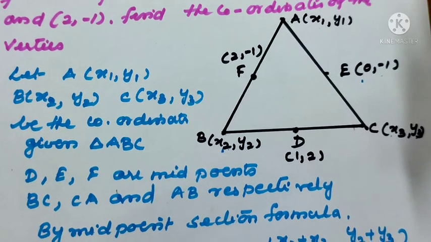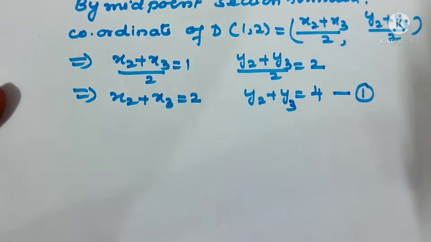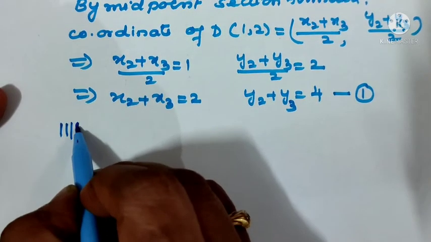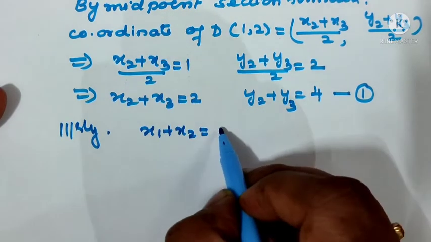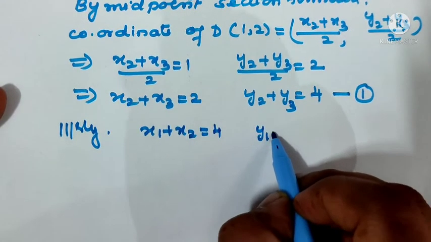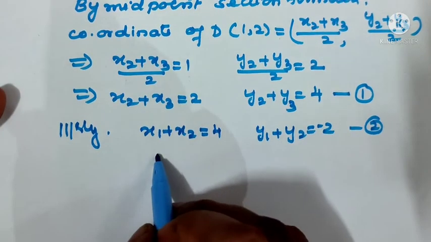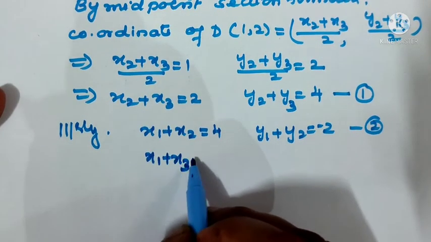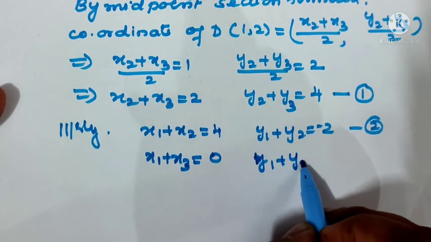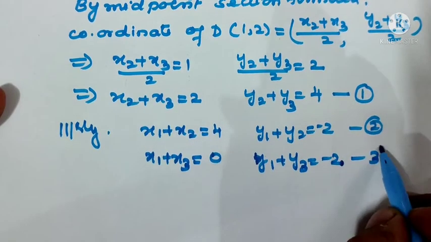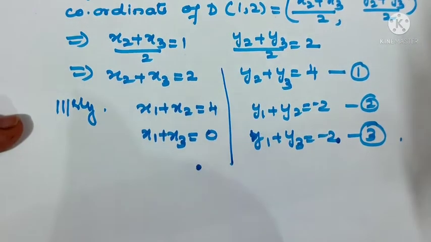So similarly, x1 plus x2 equal to 4, y1 plus y2 equal to -2, equation number 2. Now x1 plus x3 equal to 0, y1 plus y3 equal to -2. One is the x coordinate, another is the y coordinate.